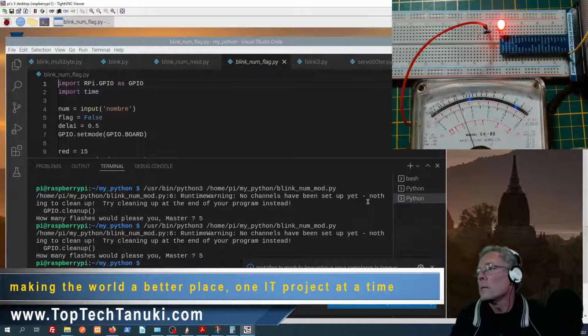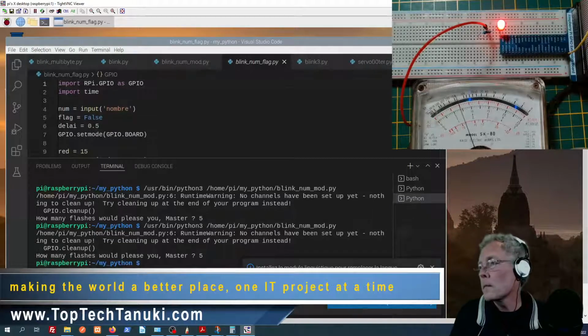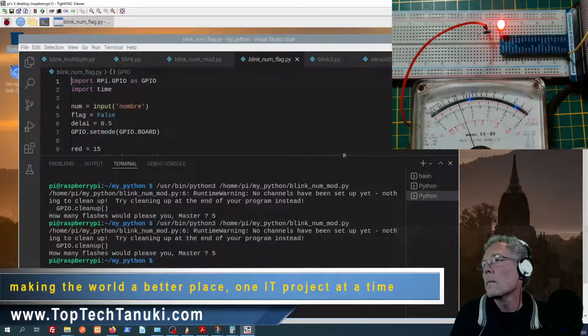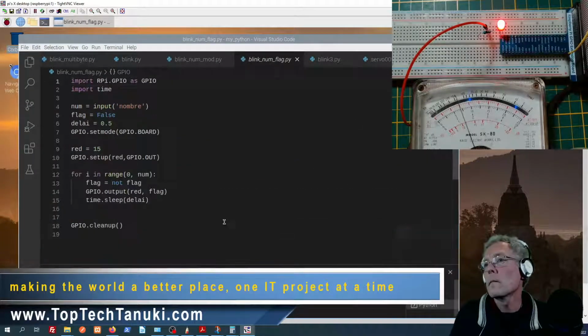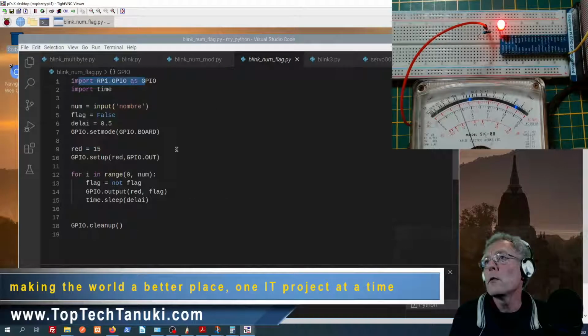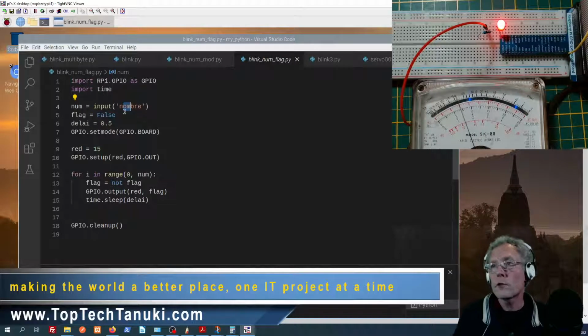This is my terminal. Messages. Okay, again. Yes, and now I just import GPIO. Number, but I think that even you can translate it.